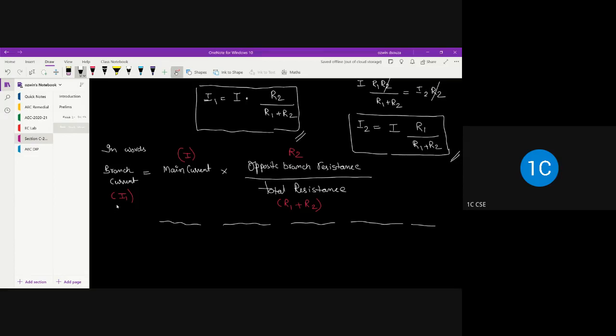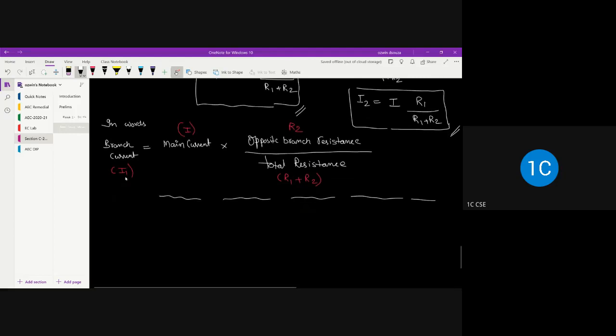Let us discuss both approaches. Whichever you find easy, you can use it in your future classes. So that's the first rule, which talks about division of current.